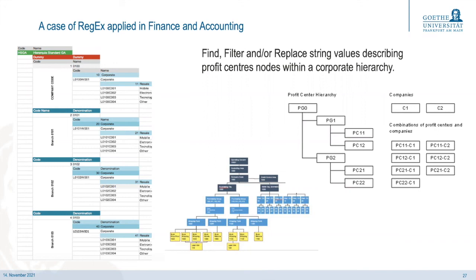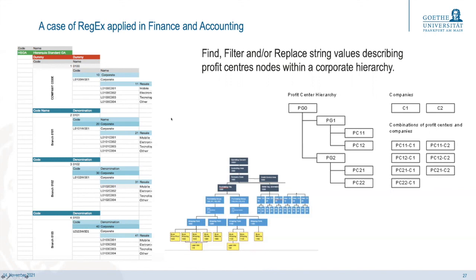Commonly within ERP systems like SAP, the companies or the controlling areas are described or named with a long sequence of characters, describing, for example, if it is a branch or the business involved, and they have a logical structure and sequence.